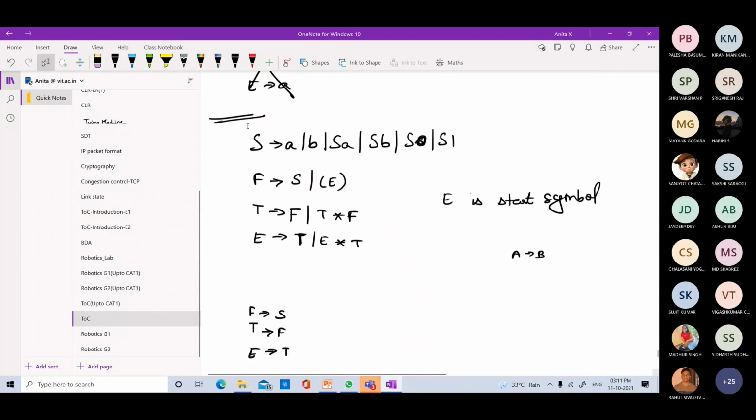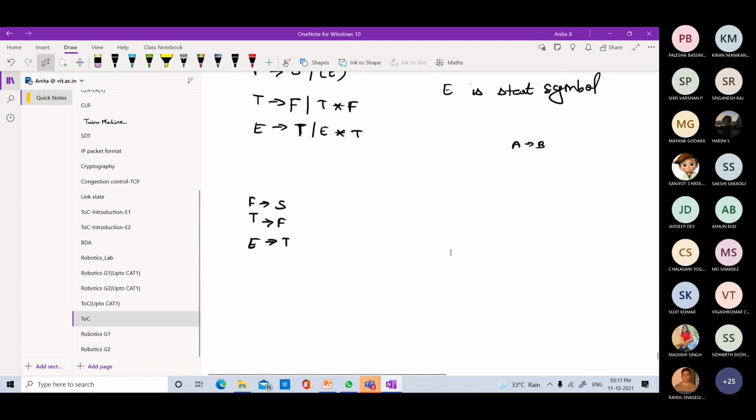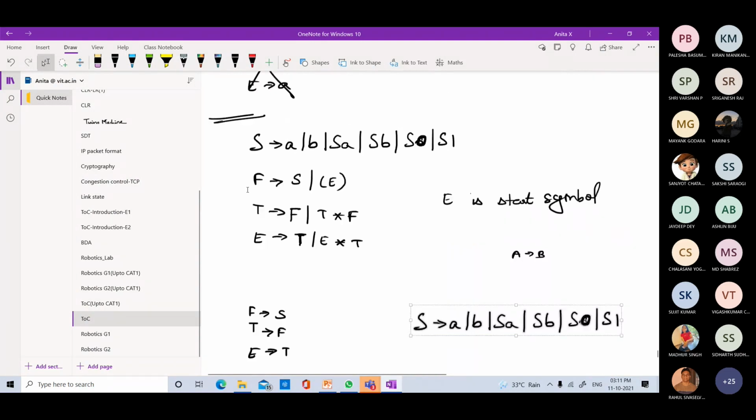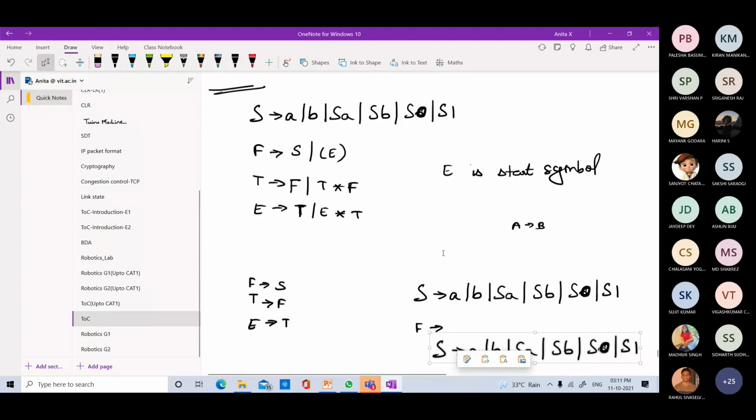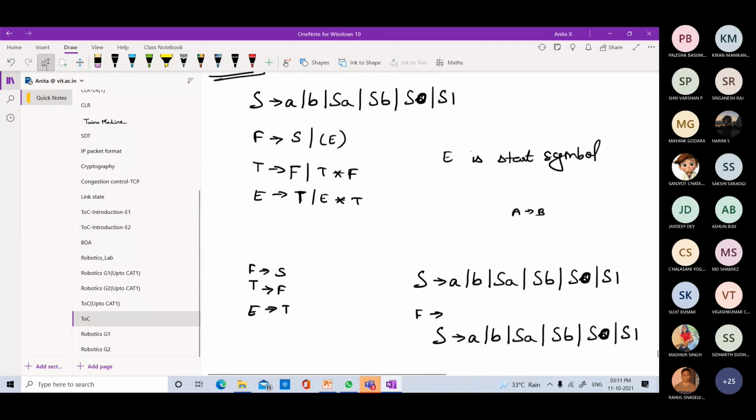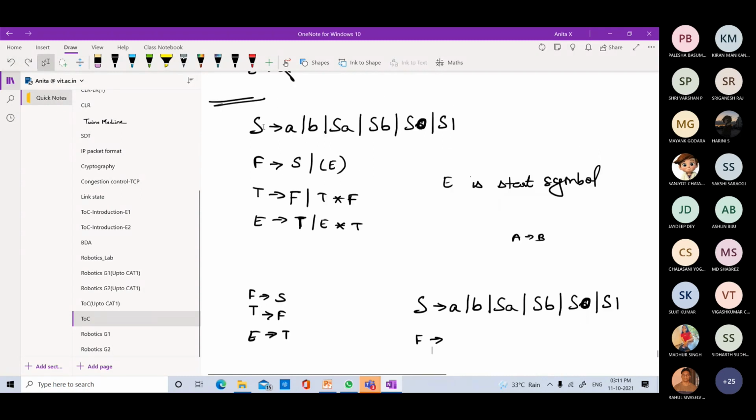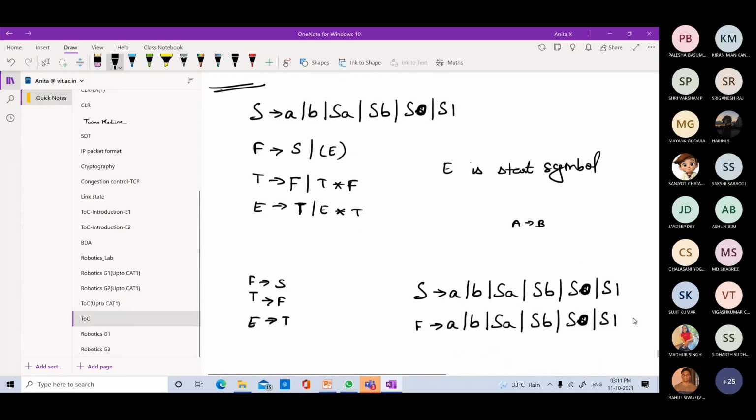Yes, ma'am. And F derives ( E ). I have to eliminate this one, right?